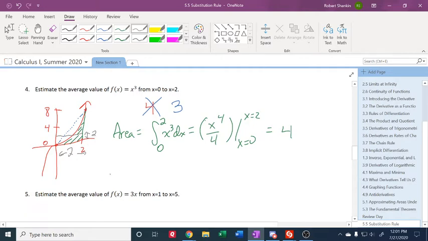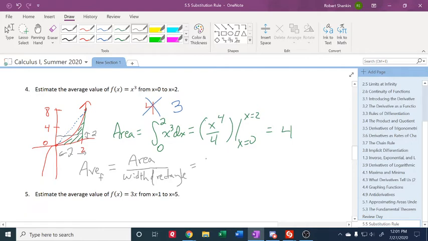So the average value of f on that interval is going to be the area under the curve divided by the width of the rectangle. And then that would have to give you the height.